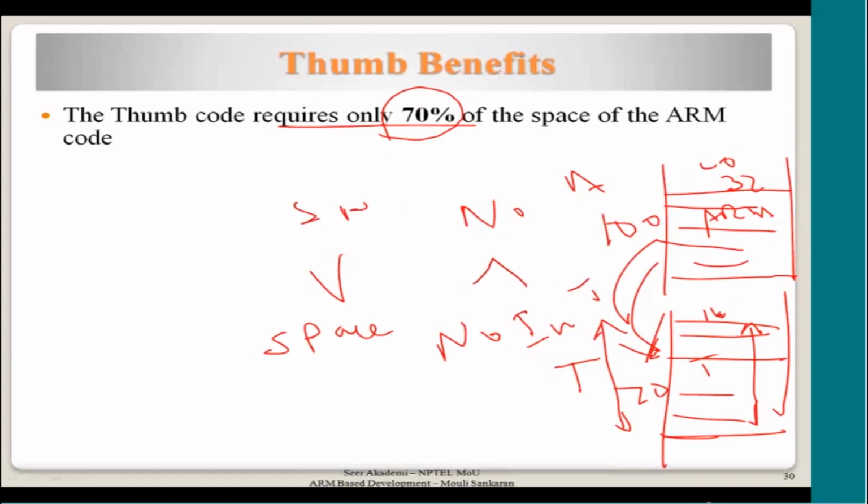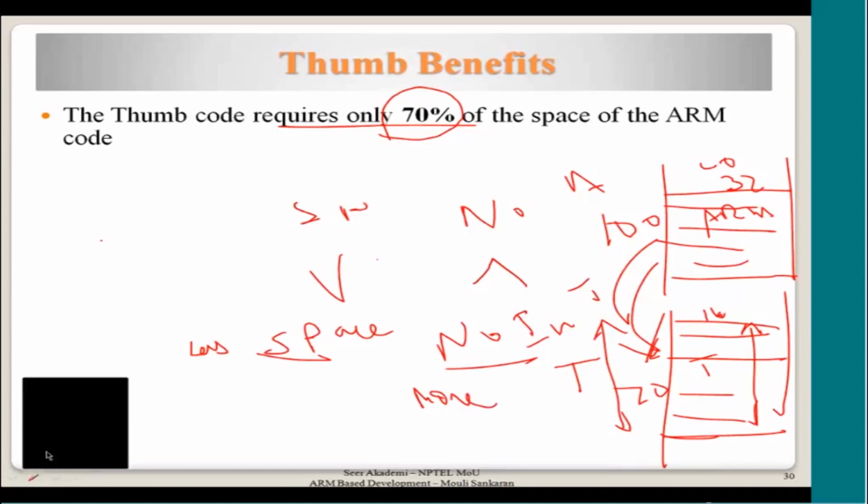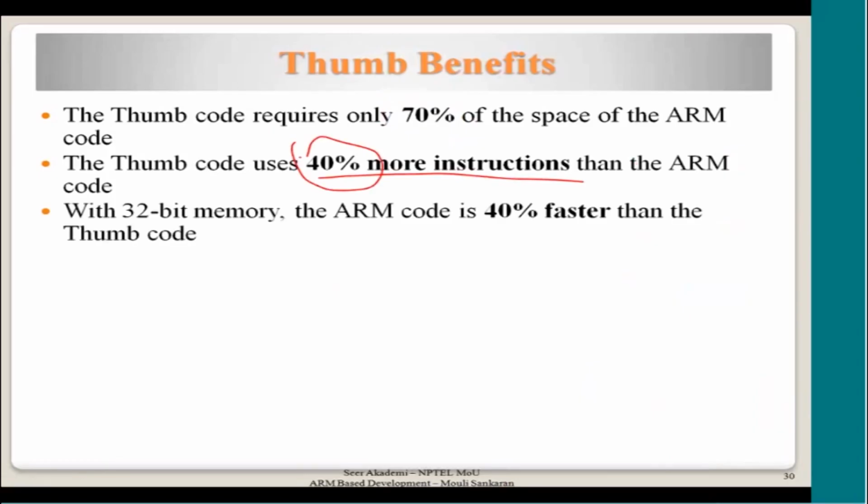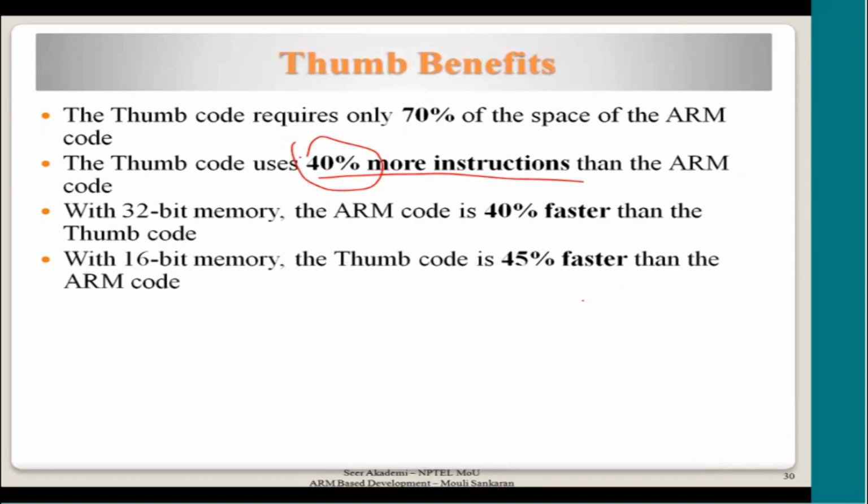Maybe I'll write it like this. Space wise this is less, whereas number of instruction wise this will be more. So the thumb code uses 40% more instructions. That's what I'm saying. Number of instruction wise it will be more than the original ARM instructions, but space wise it will be less.